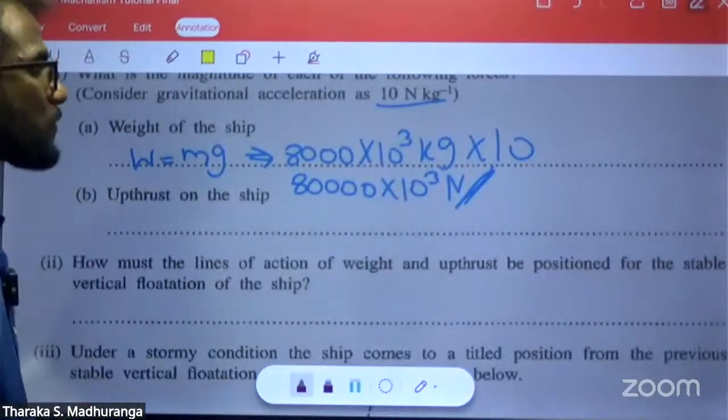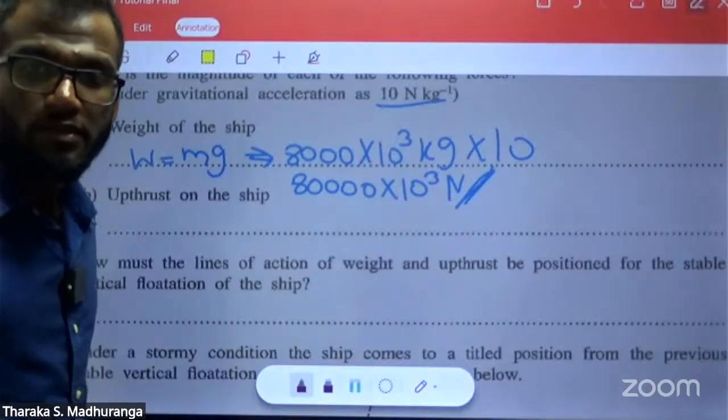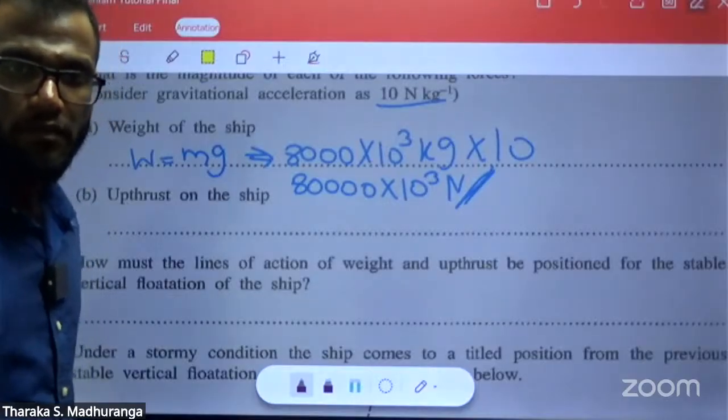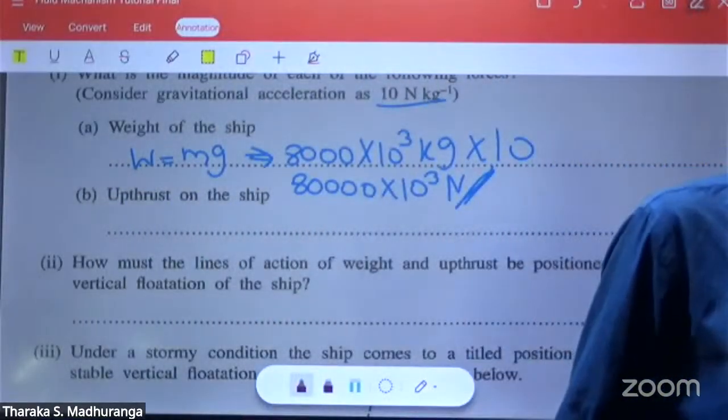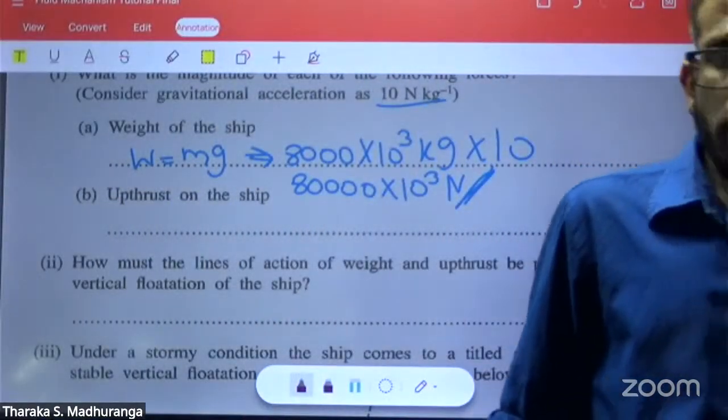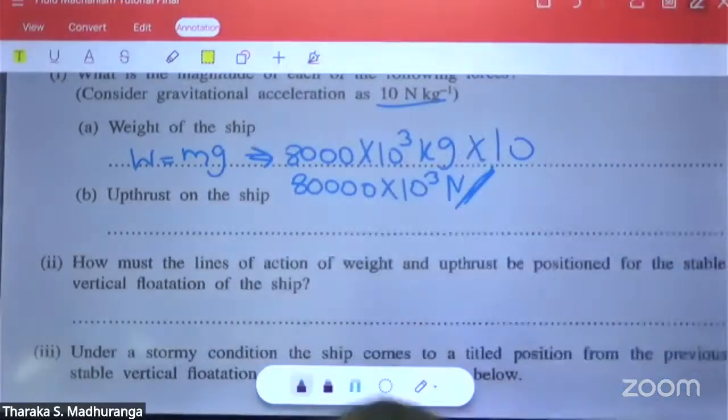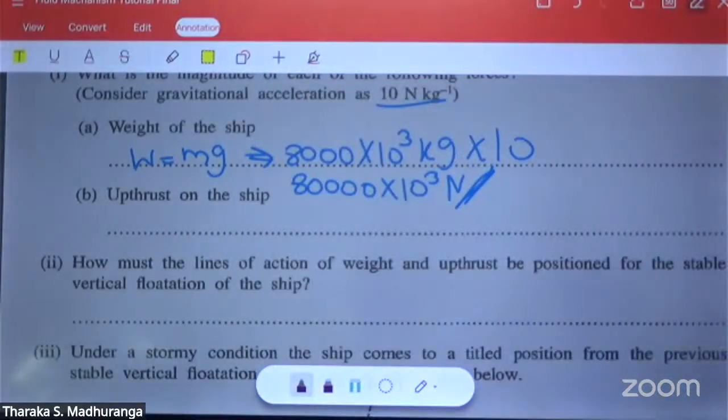What is the upthrust on the ship? That's the exam question 2021. Any answer?